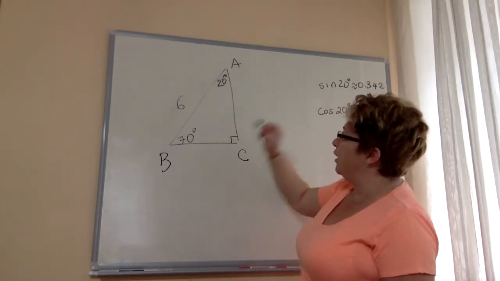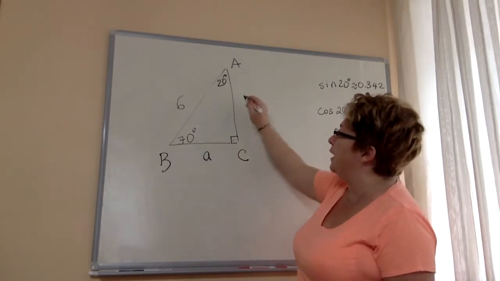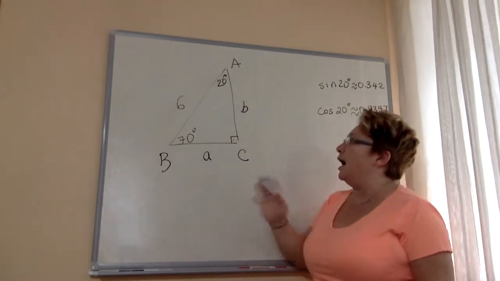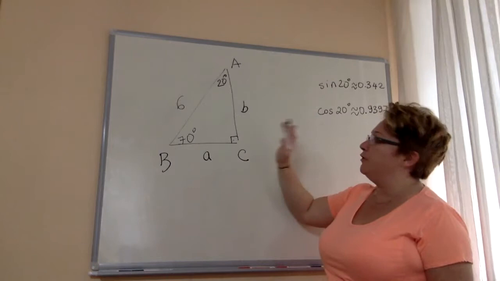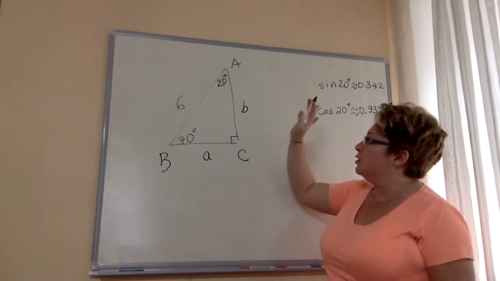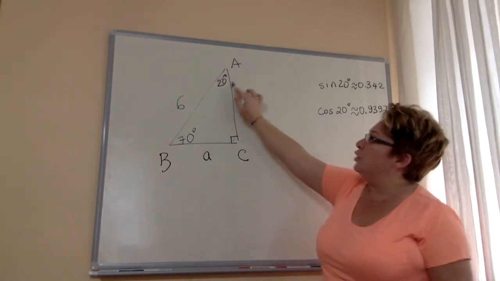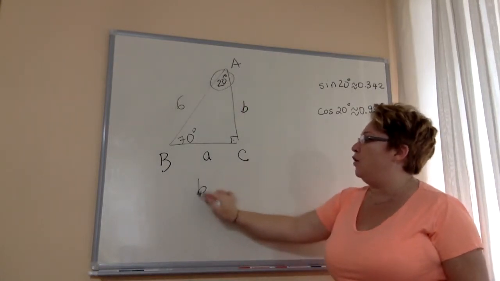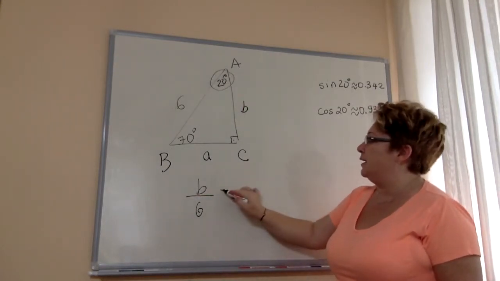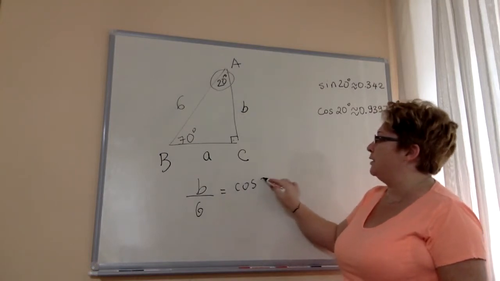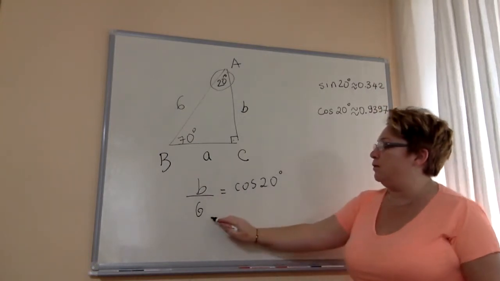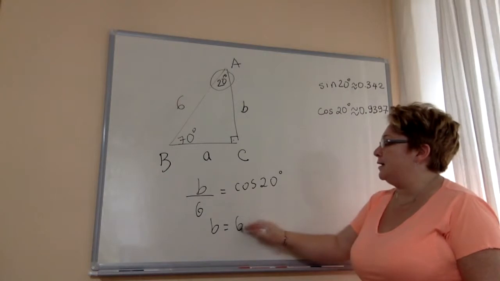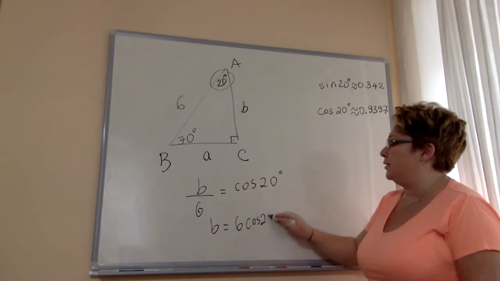But if I want to find these sides, little a and little b, I can make use of information that I'm given. So I can say, using the 20-degree angle, B/6 is cosine 20 degrees. So B is 6 times cosine 20 degrees.